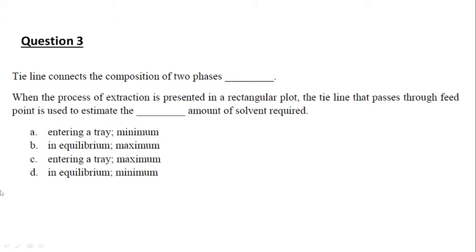Then for a rectangular plot, if the tie line is passed through the feed point up to the point where it meets the solvent and raffinate, then we will obtain a minimum or maximum amount of solvent required. It is minimum, so the answer will be option D.